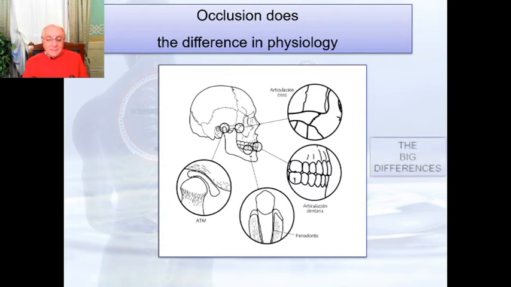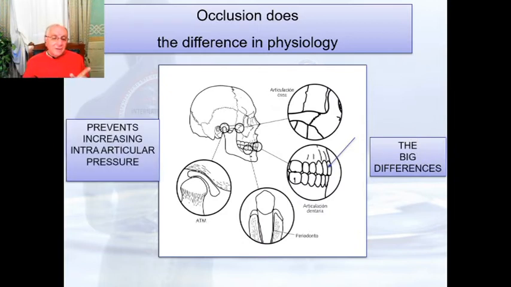The big difference is that it is the only bicondylar joint that has teeth in the middle. There is no other joint in the body that has that. When we have some problem with these teeth, we create increased pressure in the TMJs. That is very important to understand in order to treat the TMJs.